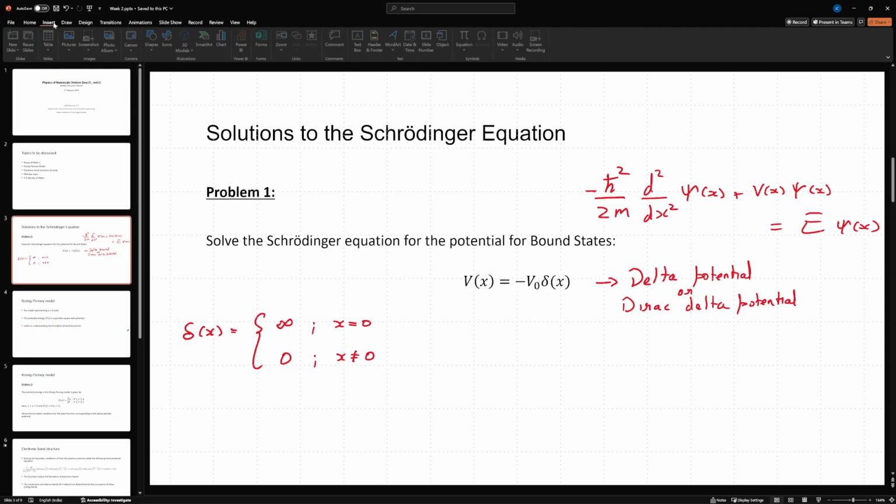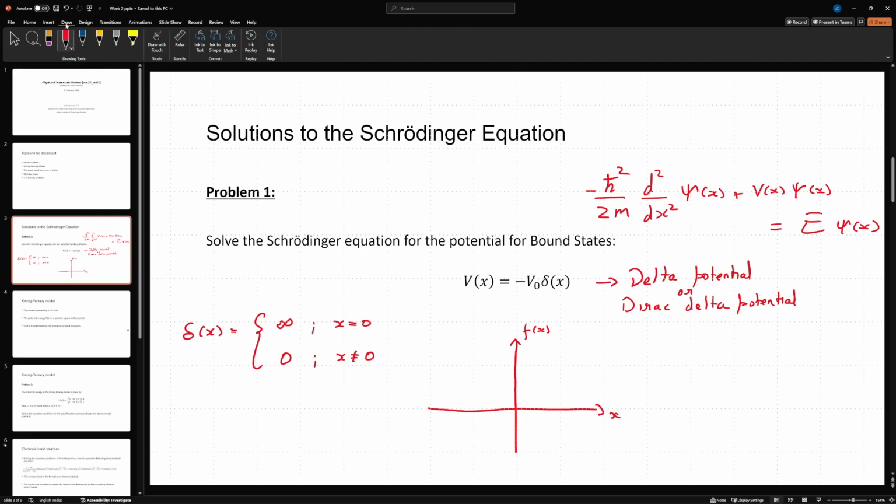So essentially, if I were to draw my xy axis like this, x and f of x, then the Dirac delta function will look something like, slightly thinner, something like this.